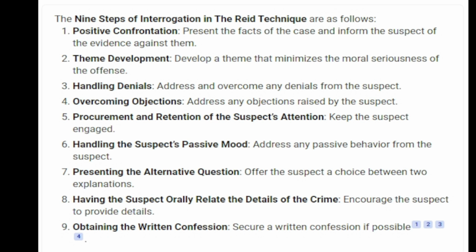After that, you have step 5, procurement and retention of the suspect's attention. You're trying to keep them engaged if they get defensive or start to withdraw. You jump back to your theme and you intensify it. Like I said, they'll flop the words around.